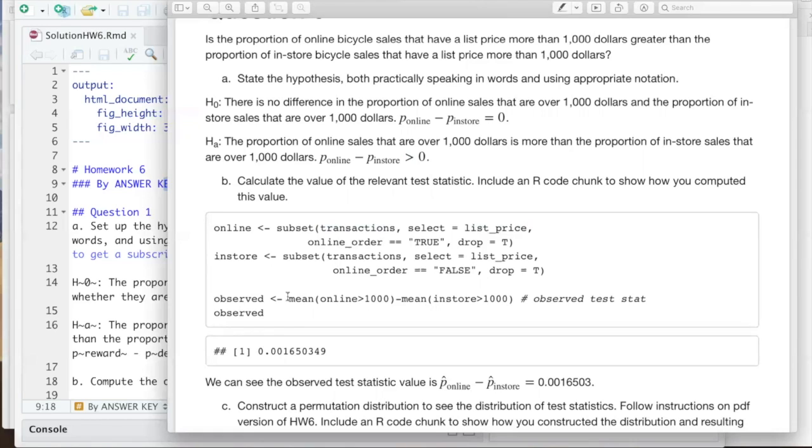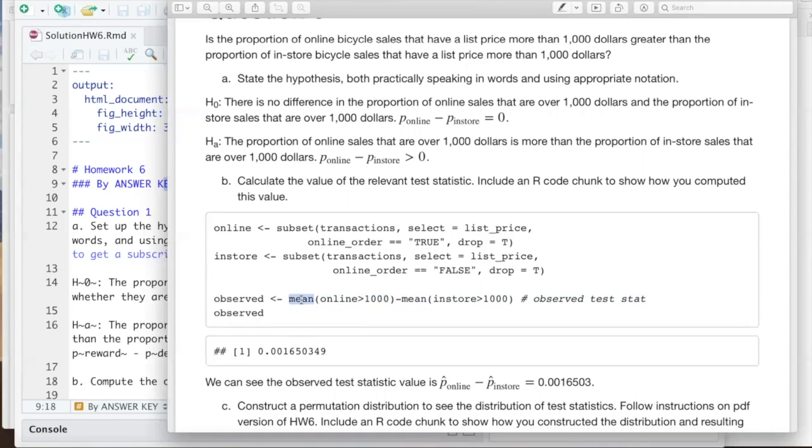So then this mean online greater than 1,000 is going to take this vector that consists of all zeros and ones, and it's going to add up all the zeros, add up all the ones, and then divide by the total number of observations in online.